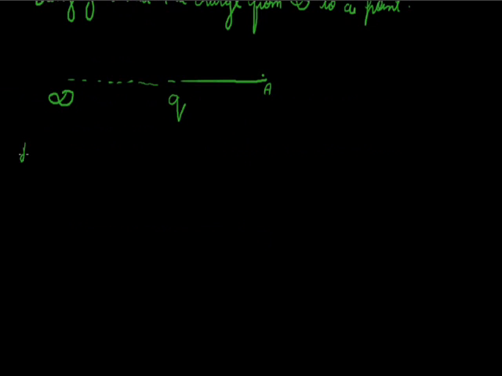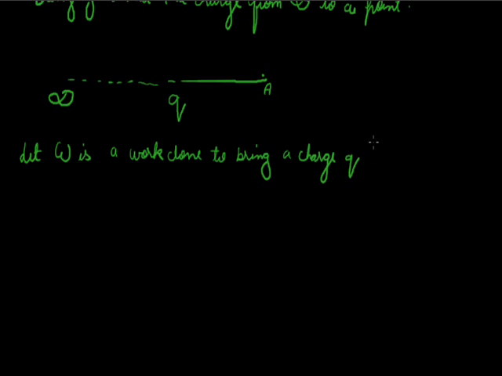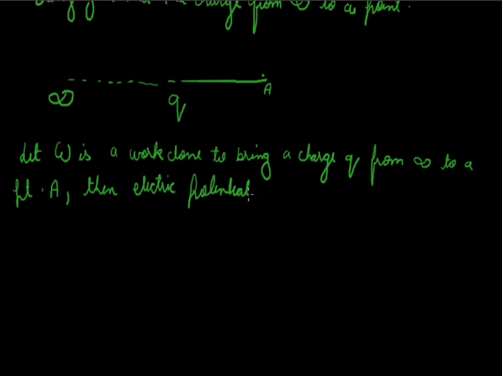Let us consider that W is the work done to bring a charge Q from infinity to a point A. Then electric potential will be work done per unit charge.